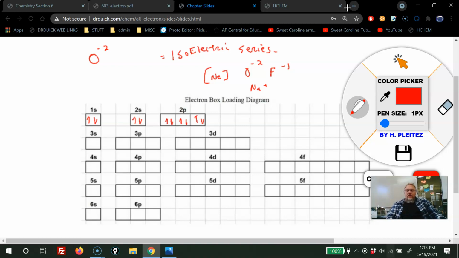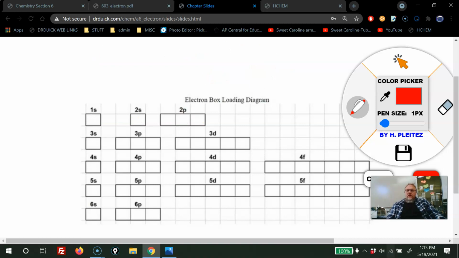Like I just did with copper, let's clear this and do it again. 1 up, 1 down, 1 up, 1 down, 1 up, 1 up, 1 up, 1 down, 1 down, 1 down. Then we loaded this one, 1 up, up, up, up. This one has got to go away.